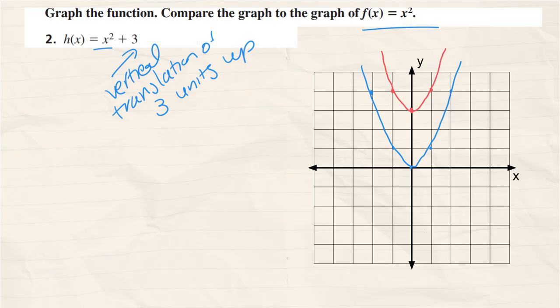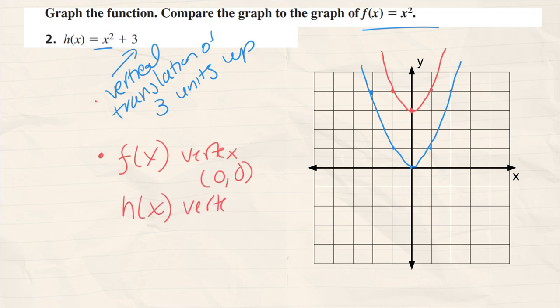So here, that's my answer. Vertical translation of 3 units up. We know that comparing the vertex, the f of x vertex is 0, 0. But with, no, this is actually h, I'm sorry, h of x, my vertex now is 0, 3. And the axis of symmetry for both of them is x equals 0.